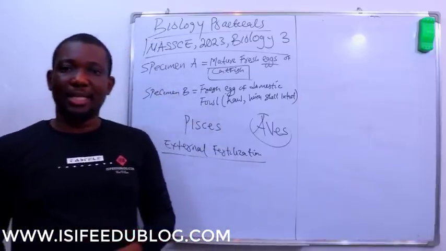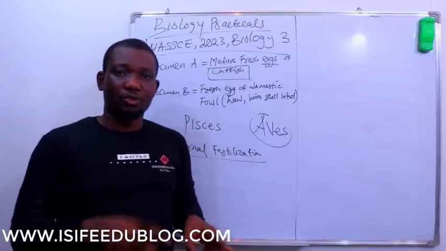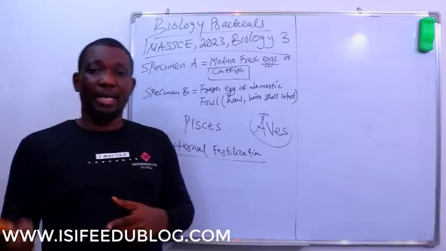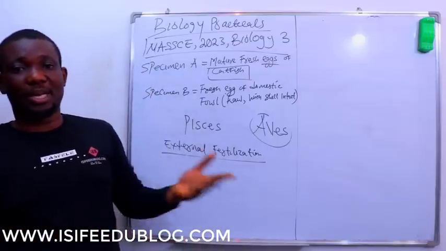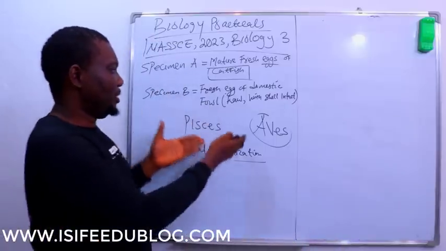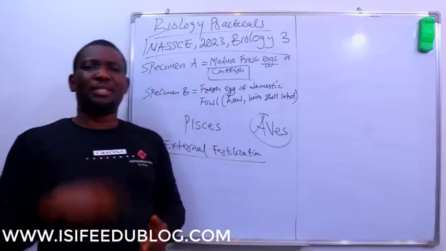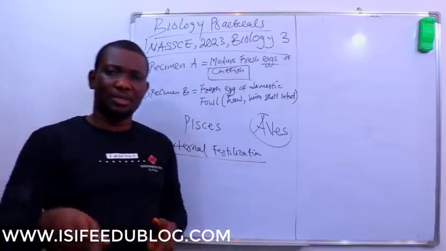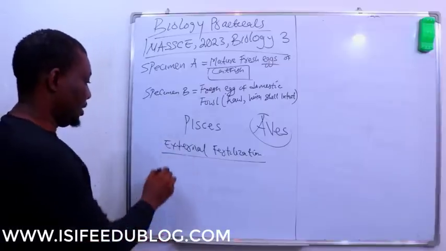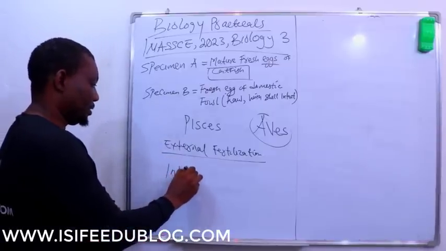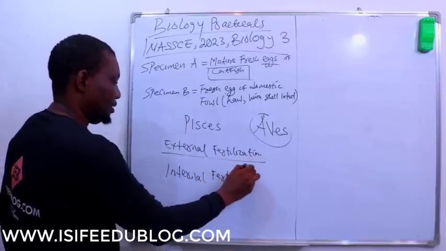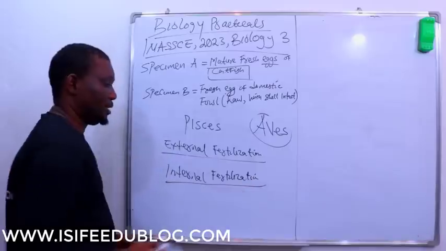Birds lay fertilized eggs, not like specimen A of fish that lays unfertilized eggs, whereby the fertilization is external fertilization. In specimen B, the examiner may ask you to state the type of fertilization exhibited by specimen B. In specimen B, the type exhibited is internal fertilization.